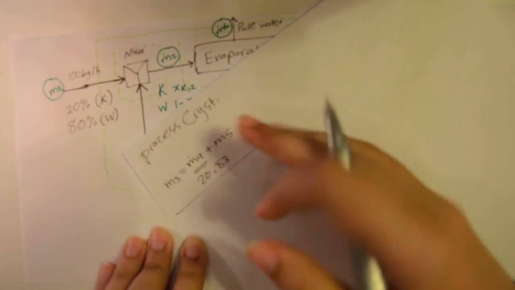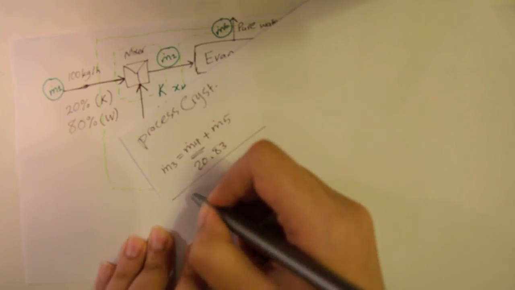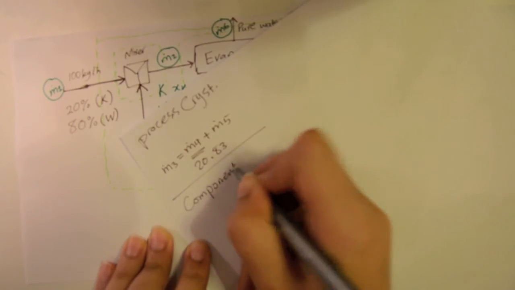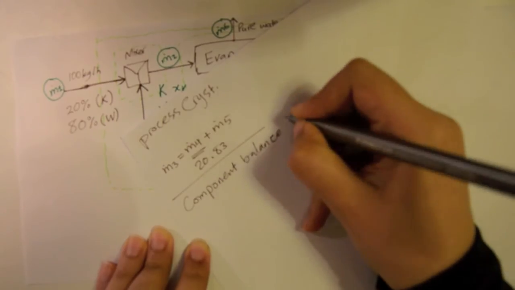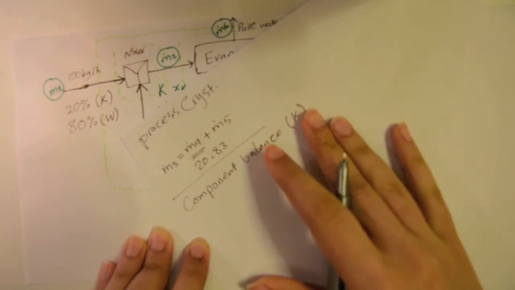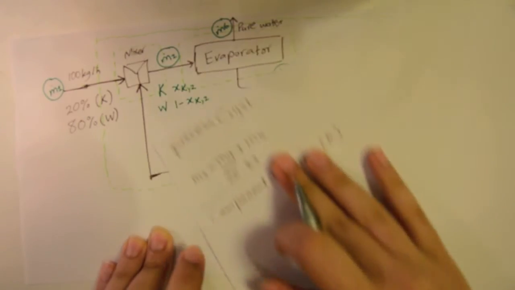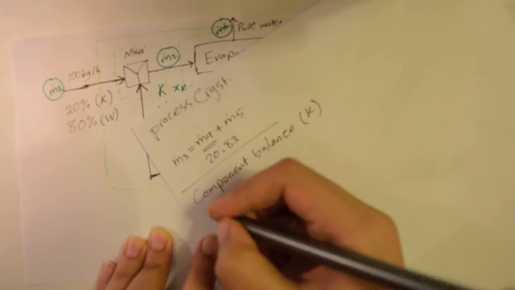I will do the component balance as in the previous system, and I'll do it for K. So in M3, K is equal to 50%, so it's 0.5.